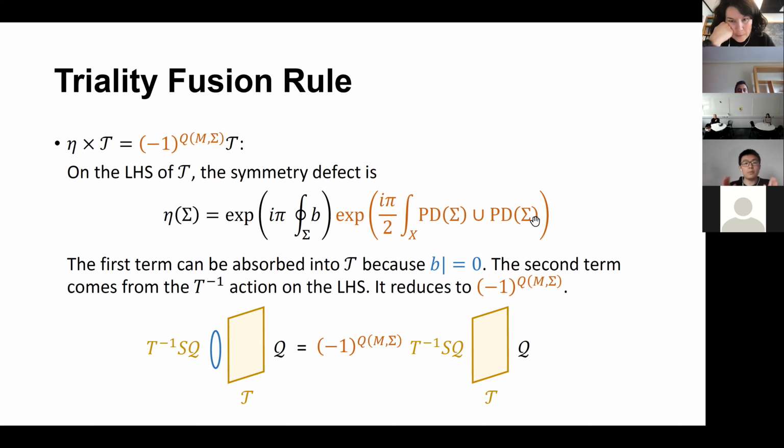So now we can ask what happens when we push this symmetry defect to the triality defect. So the first term will just vanish because of the Dirichlet boundary condition where we set B to be 0. But the second term will now give you a non-trivial phase, and this non-trivial phase will reduce to -1 to the power q. So this gives you eta times T equals to -1 to the power q T.